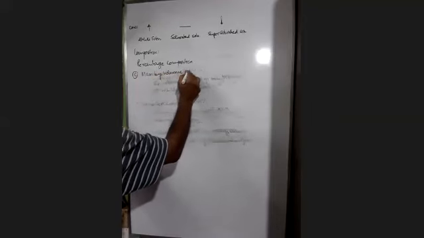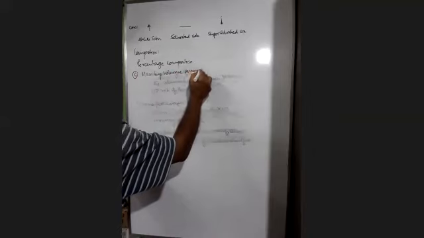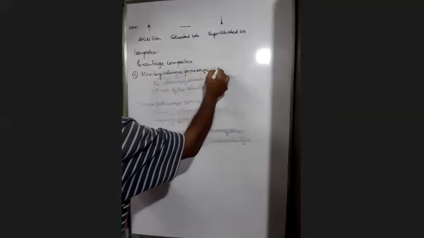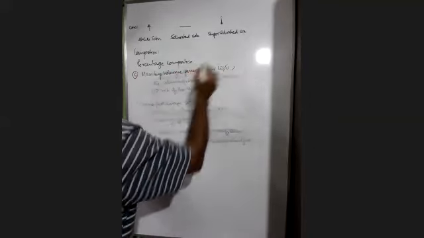Then third, we call it mass by volume percentage, or W by V percent.